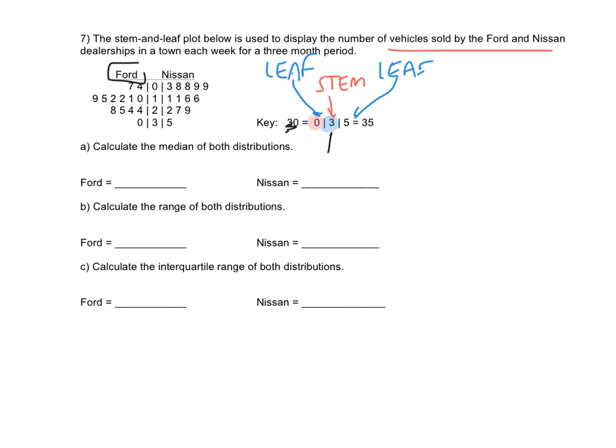A stem of 3 with a leaf of 5 on the right would correspond to the data value 35 for the Nissan dealership because the Nissan data is on the right. So basically we have to read this from inside out based on which data set we're dealing with.